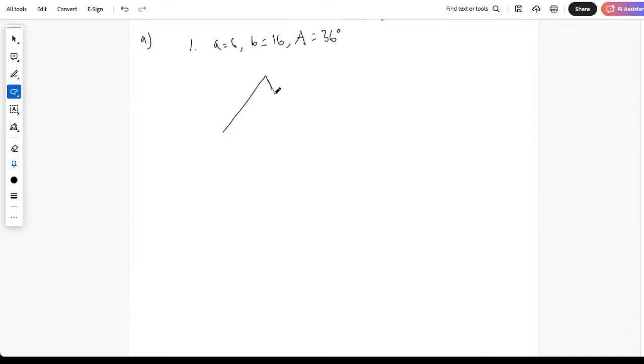I'll just do a full triangle. Okay, so let's put this as A. So 36 degrees, and then A is going to be opposite of A equals 6, and then B can be on either side. So let's just put it over here, B equals 16. And then we need to figure out if it makes one triangle or multiple.